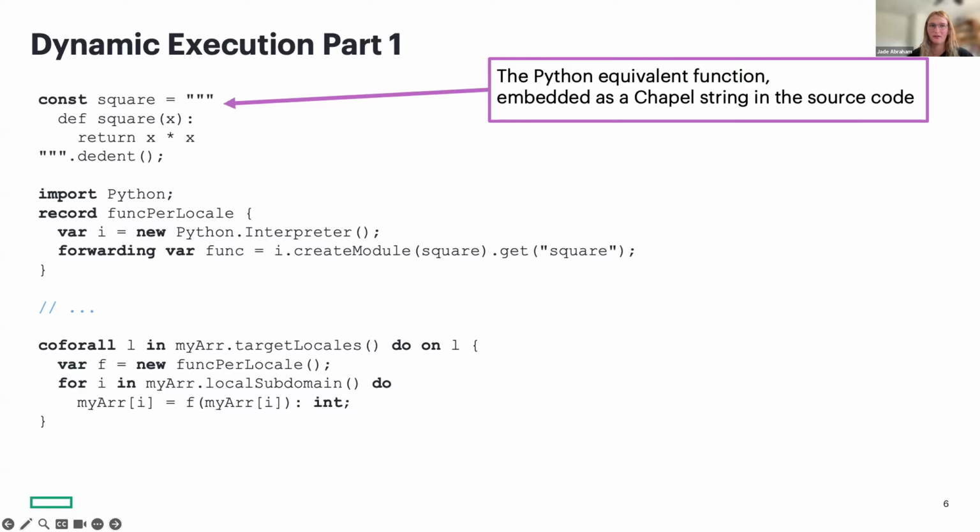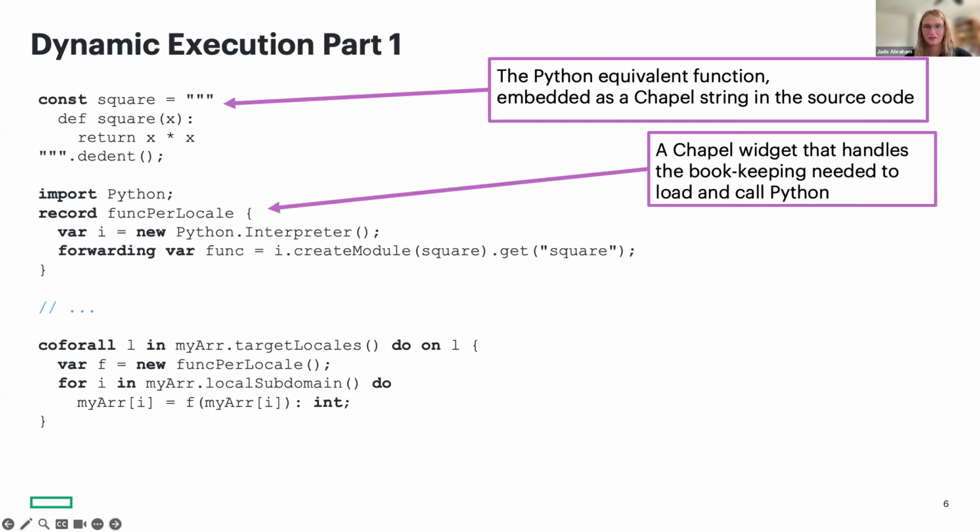So now I've got this Python function embedded as a string in Chapel code. And then I have this little widget that I've called func per locale. It's going to handle all the bookkeeping that needs to be done to load up a Python interpreter and call Python. This is going to be instantiated once per locale and only once per locale.